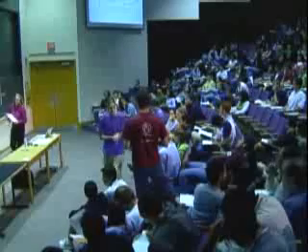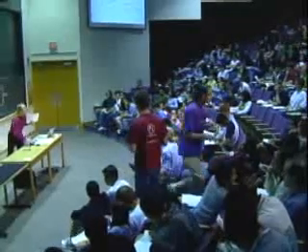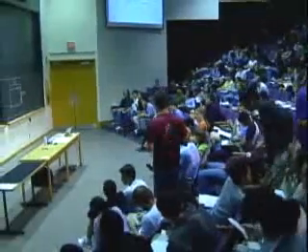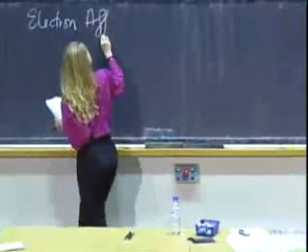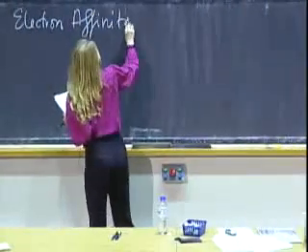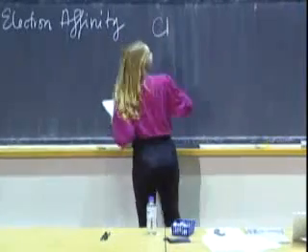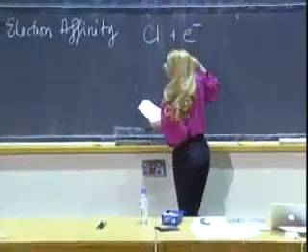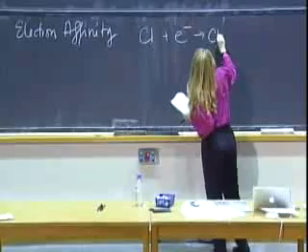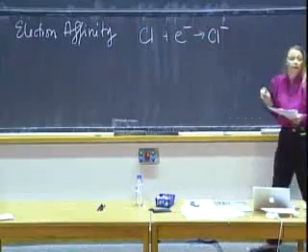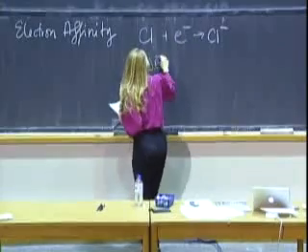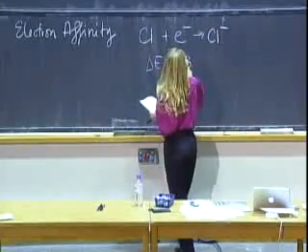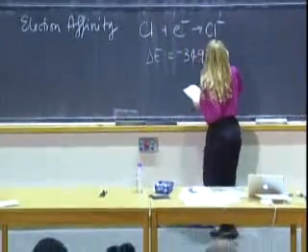Okay, now we're going to talk about another property. That other property is called the electron affinity. So for example, if I take chlorine and I add an electron to it to make chlorine minus, there's an energy change here. That energy change, delta E, is equal to minus 349 kilojoules per mole.